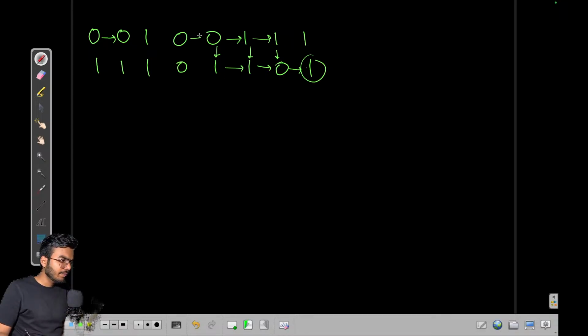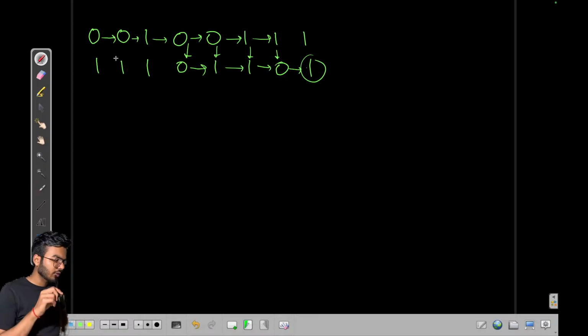Now for this 0, I will go this way, or should I go this way? Both lead to the same thing. For this one I can go from here also, but I can't go downwards because I have this choice. So this is the only possible path.